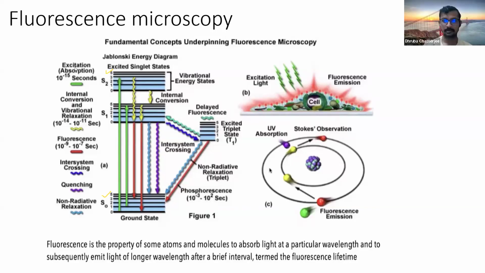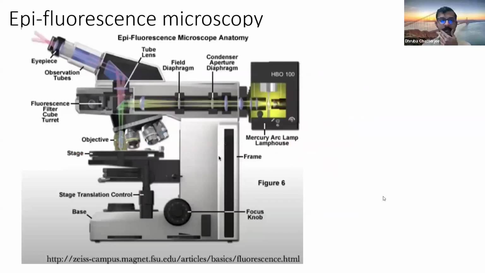Moving on. This is just a schematic of the fluorescence microscope, called the wide field or epifluorescence microscope. It is to draw a comparison between the compound optical light microscope, which was non-fluorescent, and this fluorescence microscope.